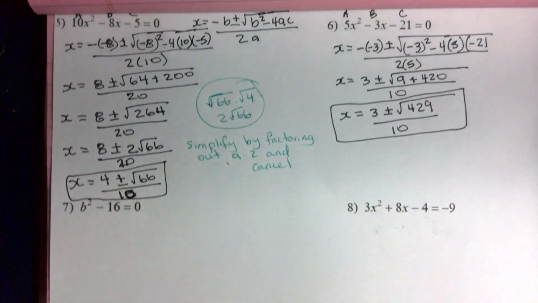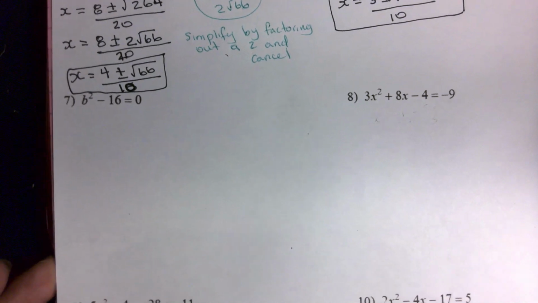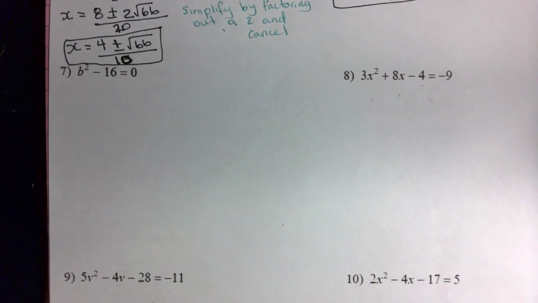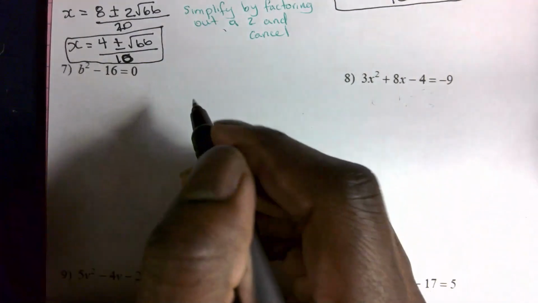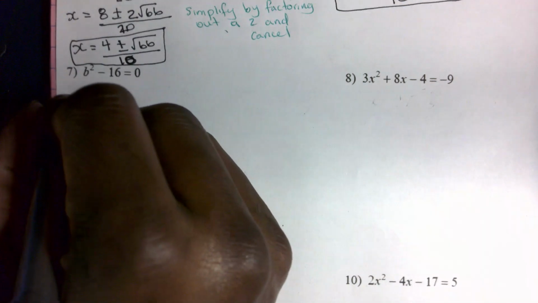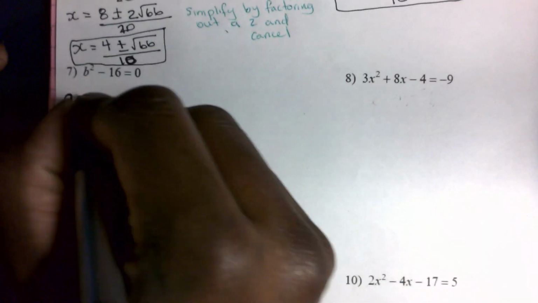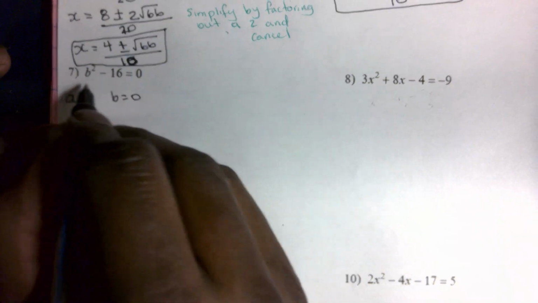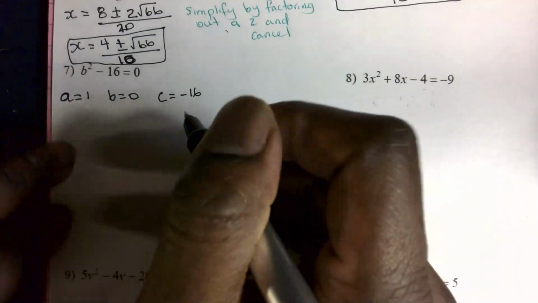All right, so let's look at two more examples, and then I'll just go ahead and post it. If you have any questions, you call. So for this next one, using the same thing again, first let's identify a, b, and c here. So a equals 1, b equals 0 because there is no b here, and c equals negative 16.